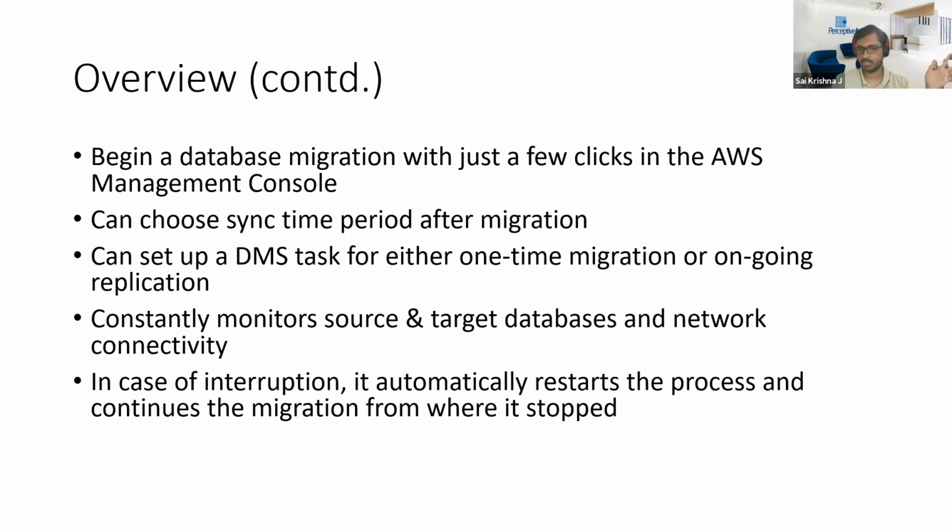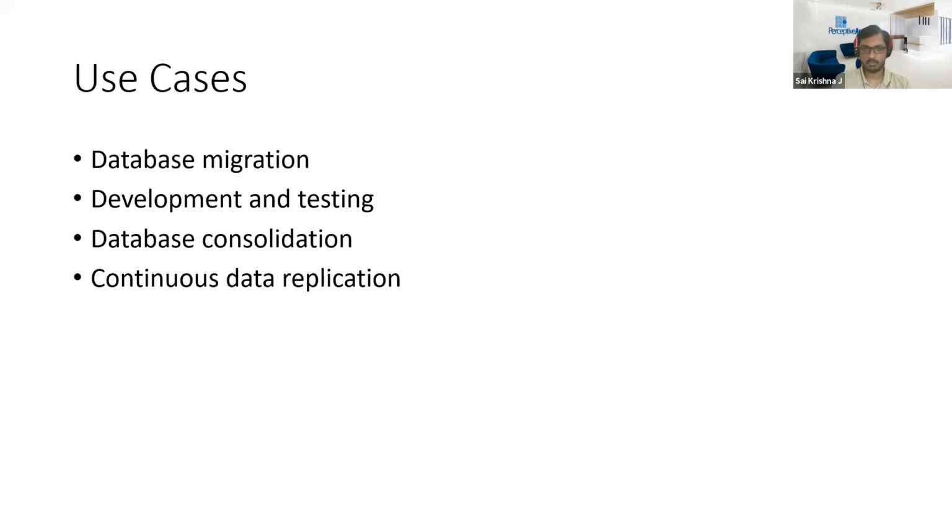So in case of any interruption, it automatically restarts the process and continues the migration from where it stopped. And we also talked about a few use cases where DMS is typically used: migration, development and testing, database consolidation, data replication. And this is where we stopped during our session on DMS a couple of weeks back.